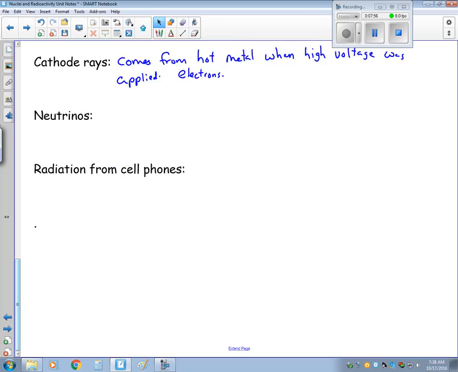Neutrinos. This is the most mysterious of all the rays.